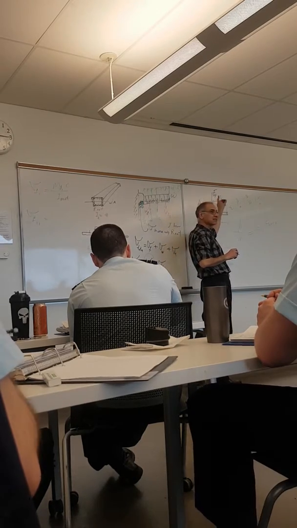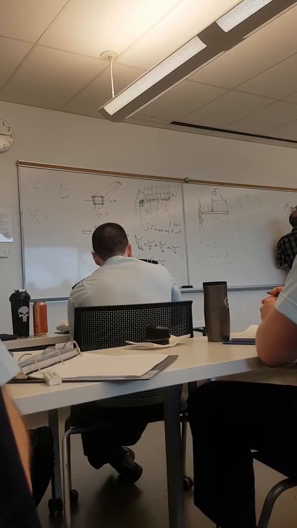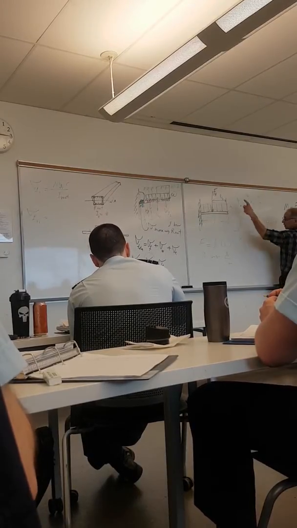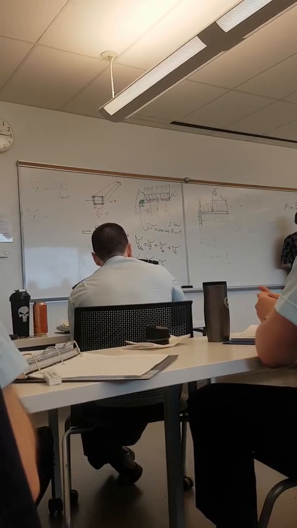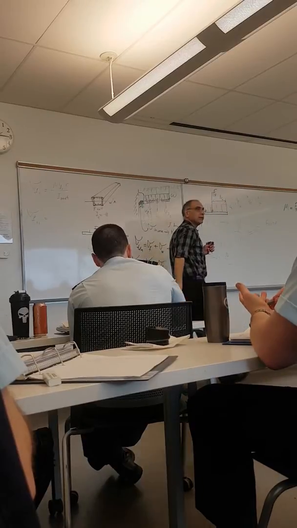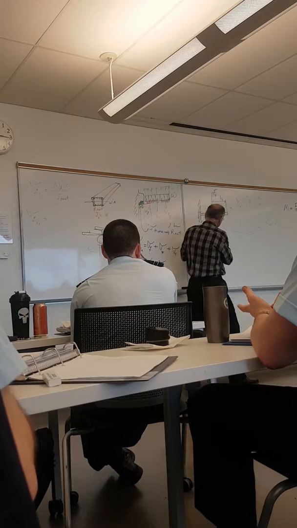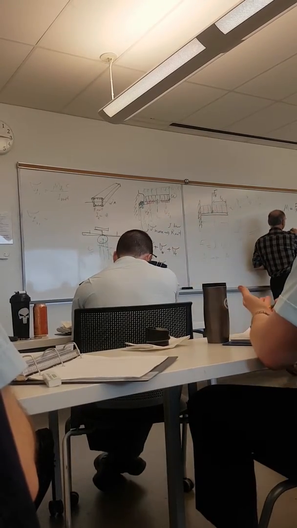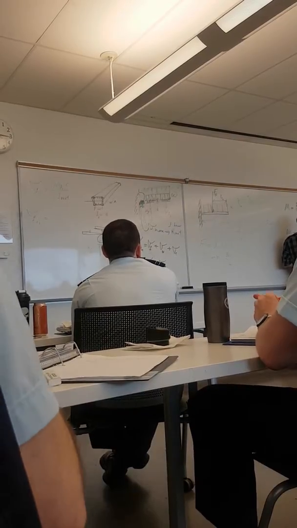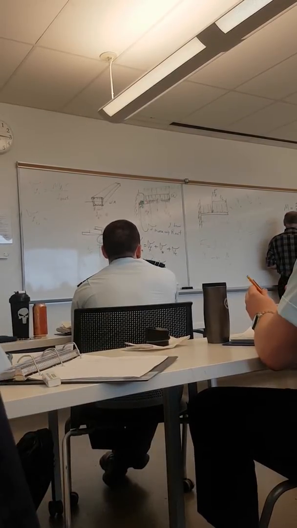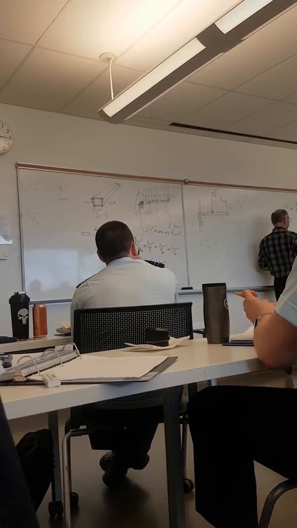F itself is L omega. So the moment is L omega times L half, so the moment is omega L squared over 2.